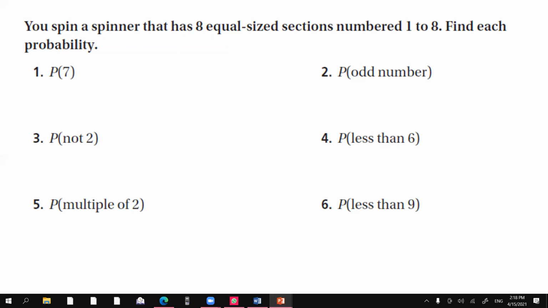Now, you spin a spinner that has 8 equal-sized sections, numbered from 1 to 8. So here I have a spinner, and it is cut into 8 parts.